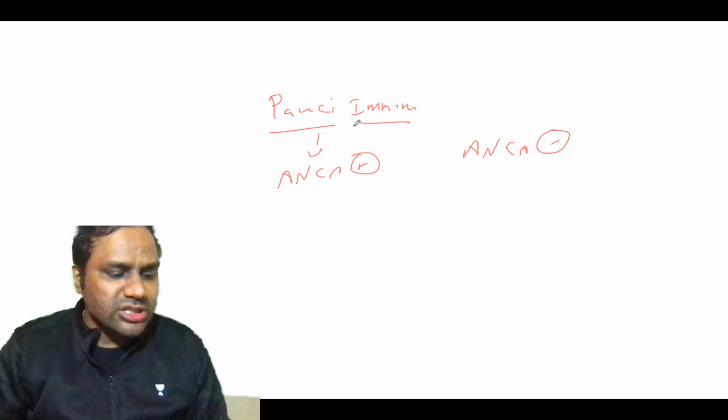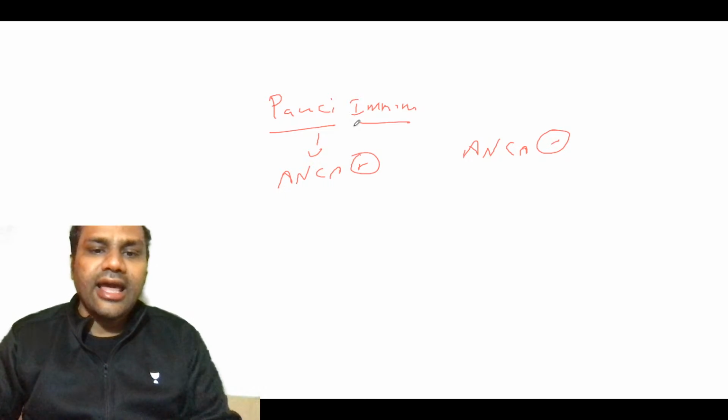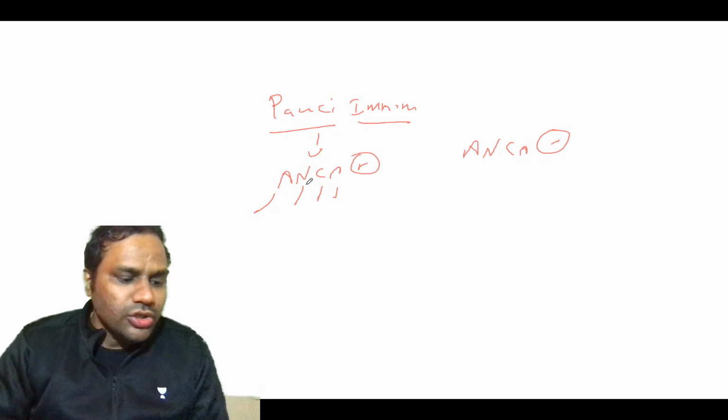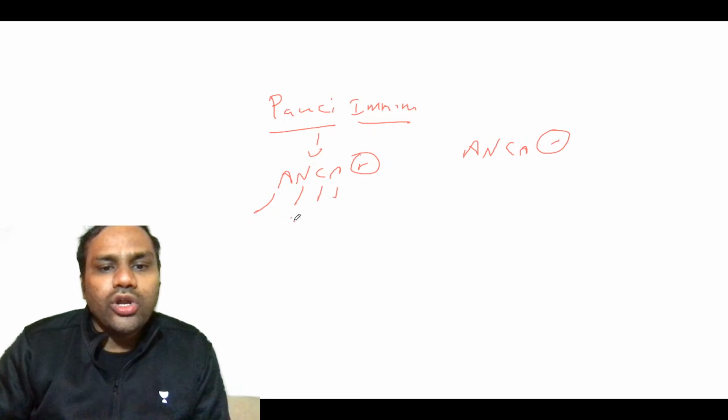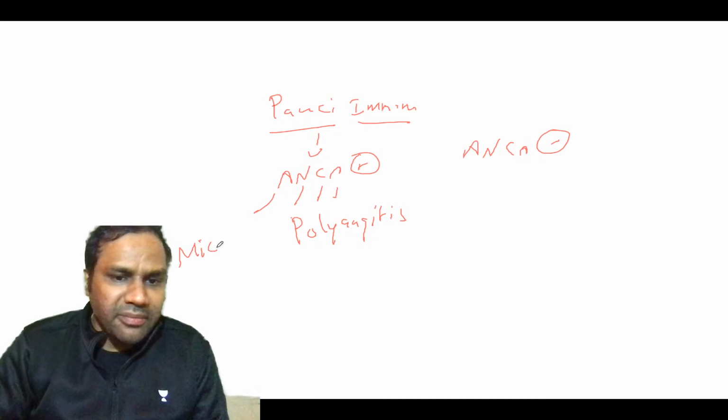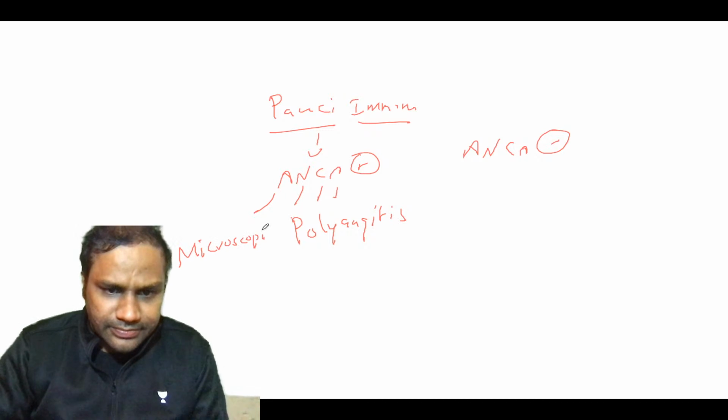In ANCA positive, what do you need to remember? Anti-neutrophil cytoplasmic antibody. These are basically the polyangiitides. One is microscopic polyangiitis.